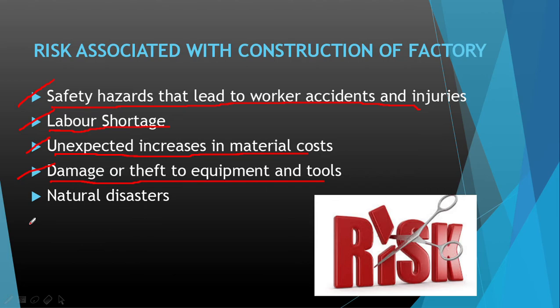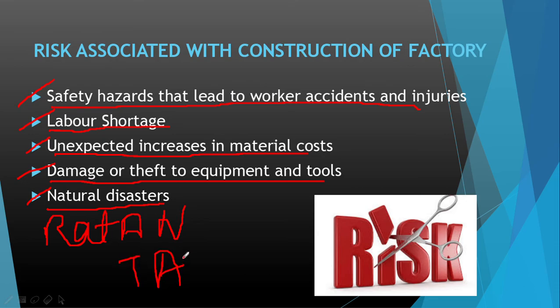Again, natural disaster is a great risk which cannot be avoided completely, but steps can be taken to minimize the effect of such disaster. Ratan Tata constructed a steel plant at Jamshedpur despite knowing the fact that it is prone to earthquakes. The area mostly has earthquakes of Richter scale 6 to 7.